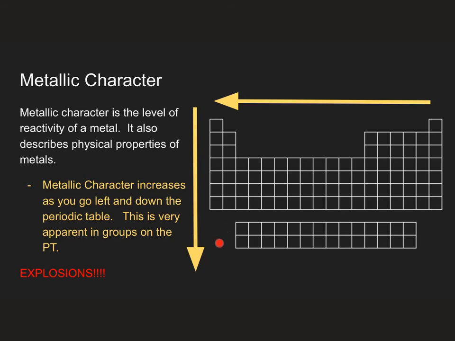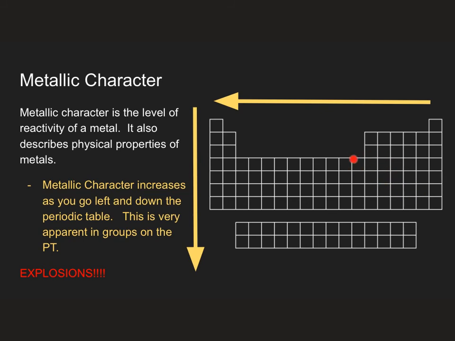Now, this also should make sense from the very first slide that we looked at about the periodic table, because if you remember, we had transition metals, alkaline metals, rare earth metals, then we had our other metals and our metalloids until you got to our non-metals and our noble gases. So only this small section here is not even metal at all. The rest of it starting to show metal characteristics with the metalloids.